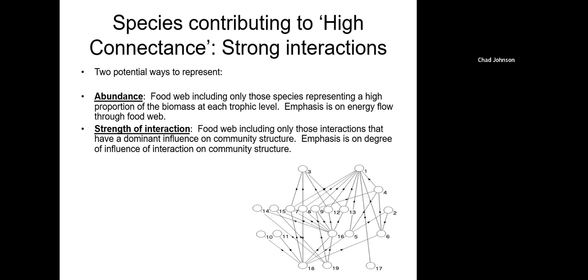So if 2 is pretty rare, there aren't that many individuals of 2, maybe just drop that one out. That would be a way to emphasize only the abundant species. In contrast, if there are tons of 16, then maybe you've got to leave 16 in there. That's a quantitative approach to simplifying the food web.